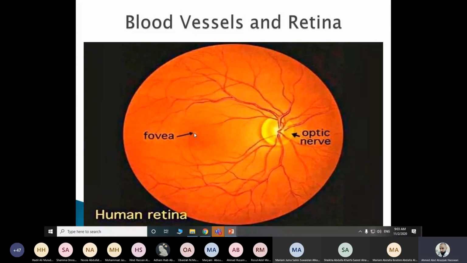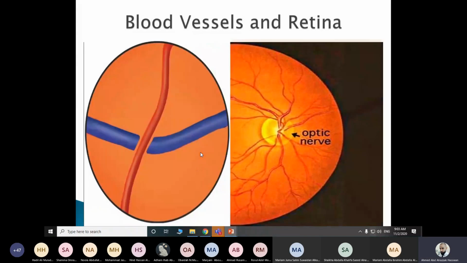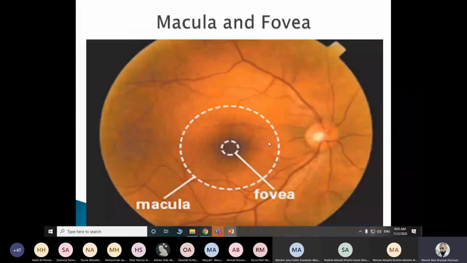Now, why should we pay attention to that? Because the macula and fovea is the site of maximum visual acuity, okay? And it's very important because if the patient loses the retinal fibers here, the patient almost loses his vision in this eye, okay? Because this is the site where we have the most concentration of rods and cones, okay?